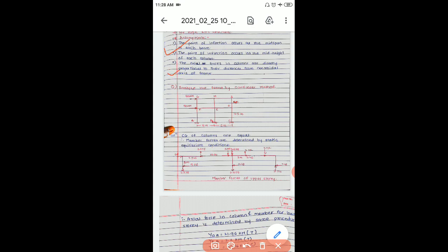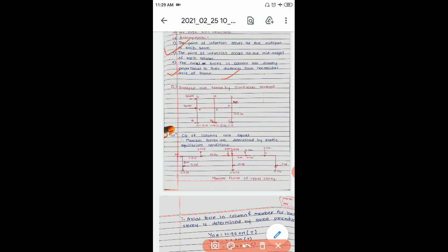It is that the axial forces in columns are directly proportional to their distances from the centroidal axis of the frame. This third assumption is different in both methods, so by using this assumption we'll calculate the member forces.